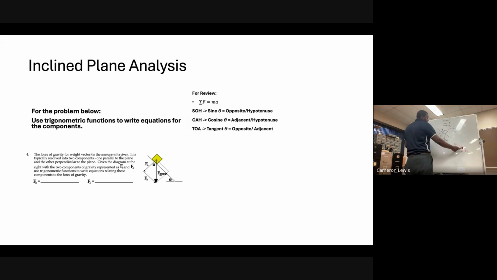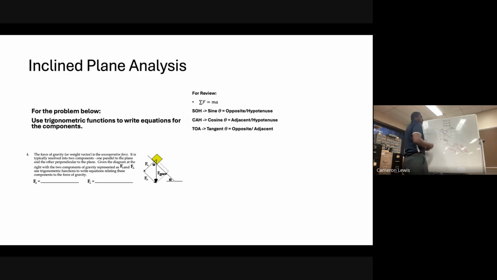So now we come here. Which one would I use to find my perpendicular force? Sine, you said sine? Yep. So I would say sine of my angle is equal to opposite over hypotenuse.